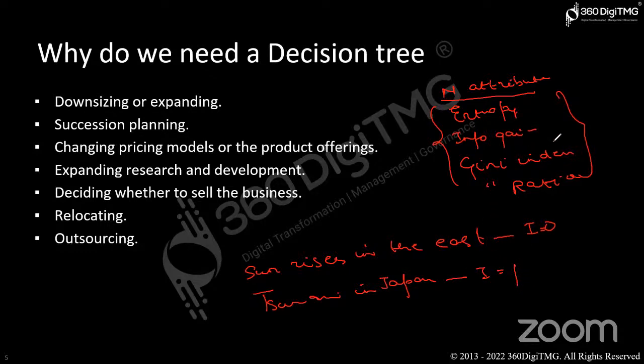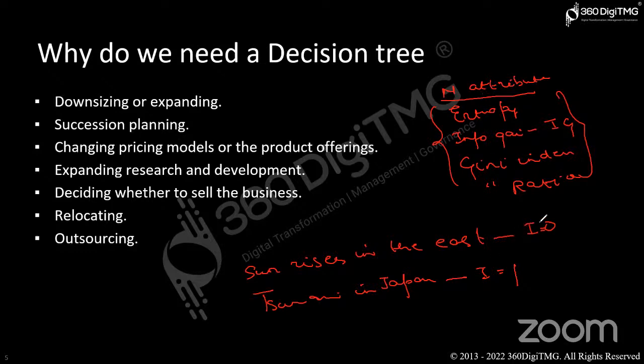Information gain, or IG, is a statistical measure or statistical property that measures how well a given attribute separates the training examples according to their target classification. Constructing a decision tree is all about finding an attribute that returns the highest information gain and the smallest entropy.